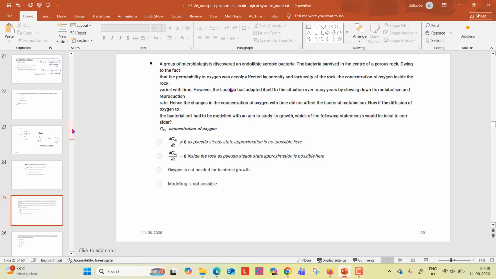However, the bacteria had adapted itself to the situation over many years by slowing down its metabolism and reproduction rate. Hence, the changes in the concentration of oxygen with time did not affect the bacterial metabolism. Now, if the diffusion of oxygen to the bacterial cell had to be modeled with an aim to study its growth, which of the following statements would be ideal to consider?